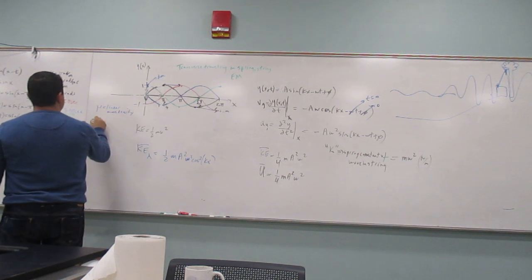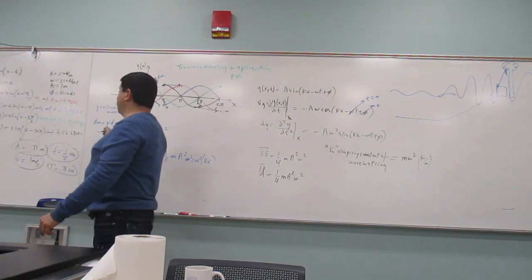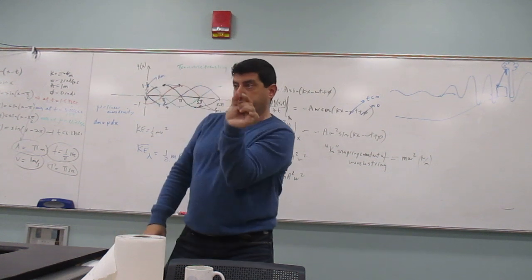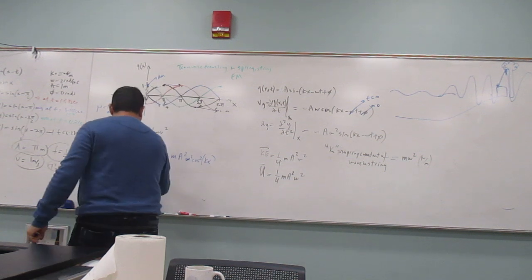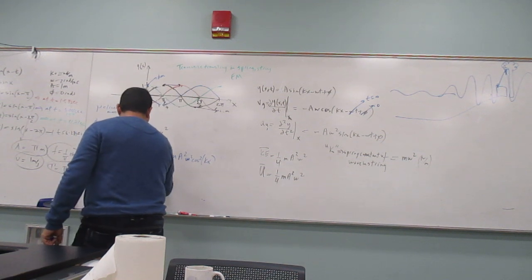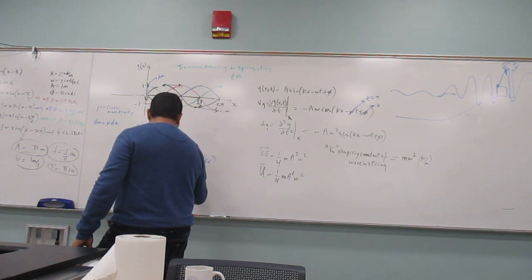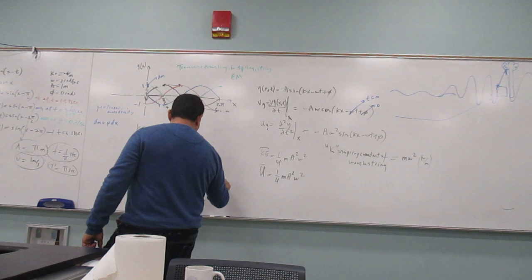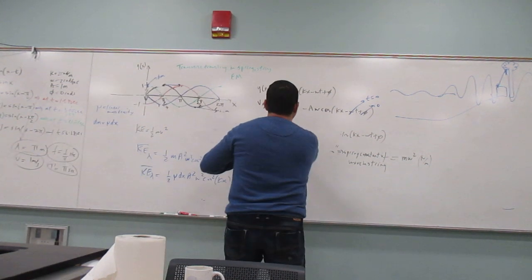Then I can say dm, the mass of that portion of the wave, is the mass density times dx. So then the kinetic energy is going to be 1/2 mu dx. There you go. Now this is coming along.